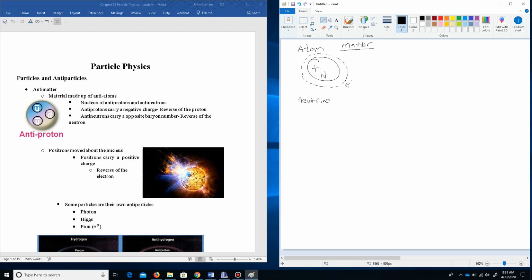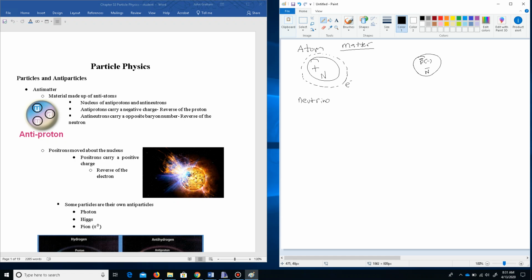But we also have antimatter, which is pretty much the opposite here. Instead of protons and neutrons in here, you have anti-neutrons, which I put a little line above it to indicate anti, and anti-protons, which are negative in charge.